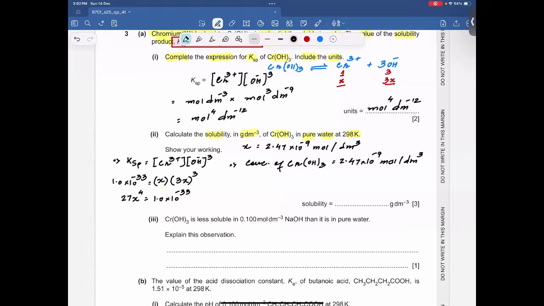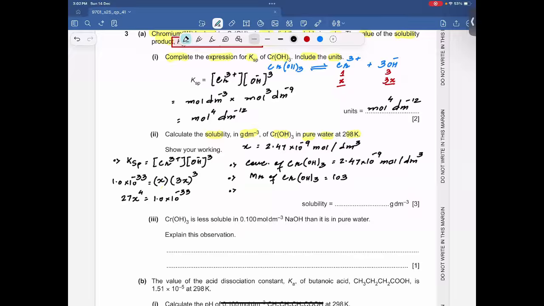The MR of chromium 3 hydroxide I believe is 103. Chromium is 52 plus 17 times 3 is 103.